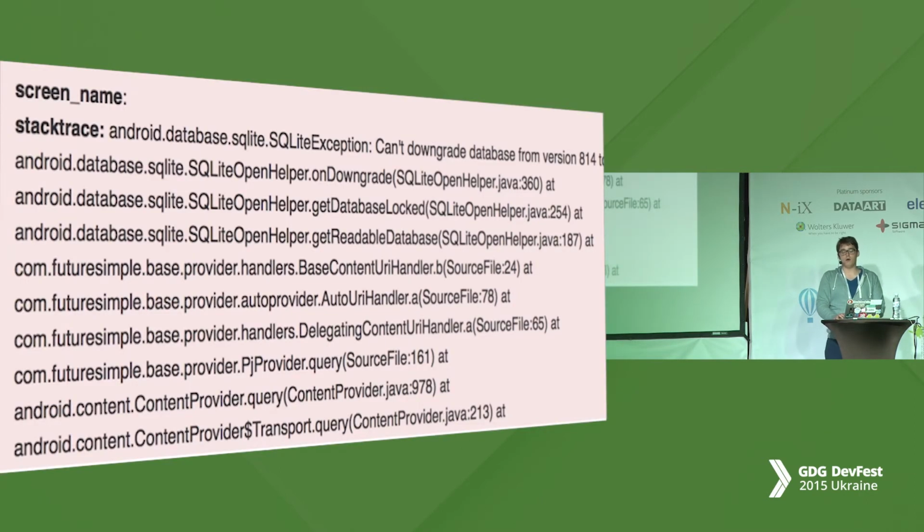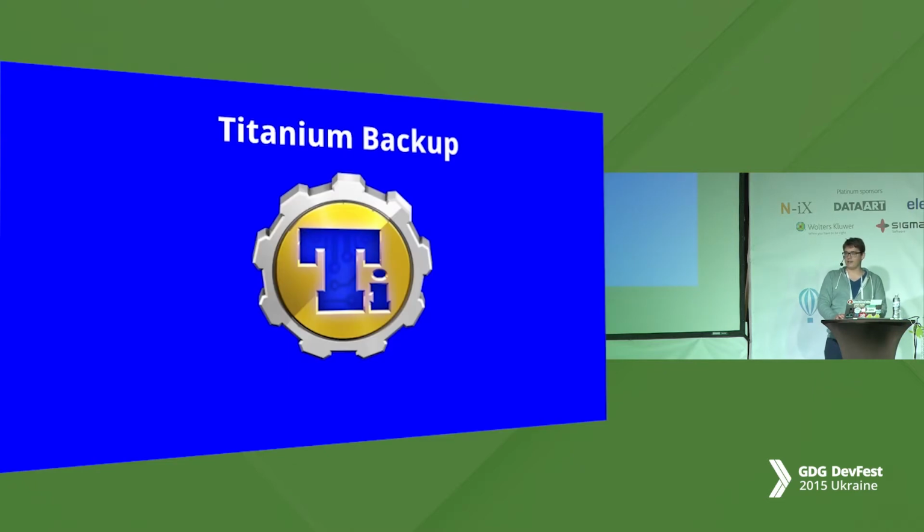Basically, someone got the Titanium backup on his or her phone, had the newer version of the application, that backed up all the files that were sitting inside of the application directory, and then the same person installed the application on some older device that wasn't supporting the newest version of our app, so the database schema was just downgraded, right? So it happened just because of the backupping tools.